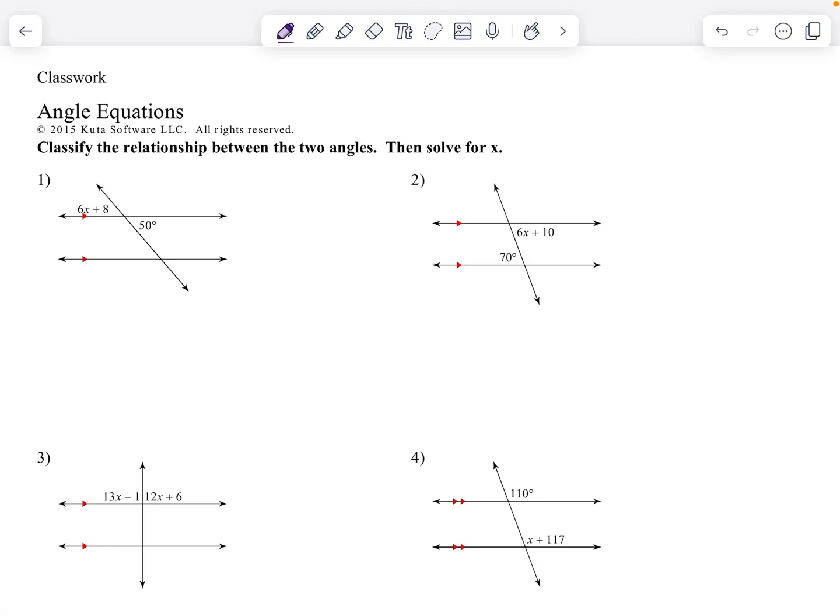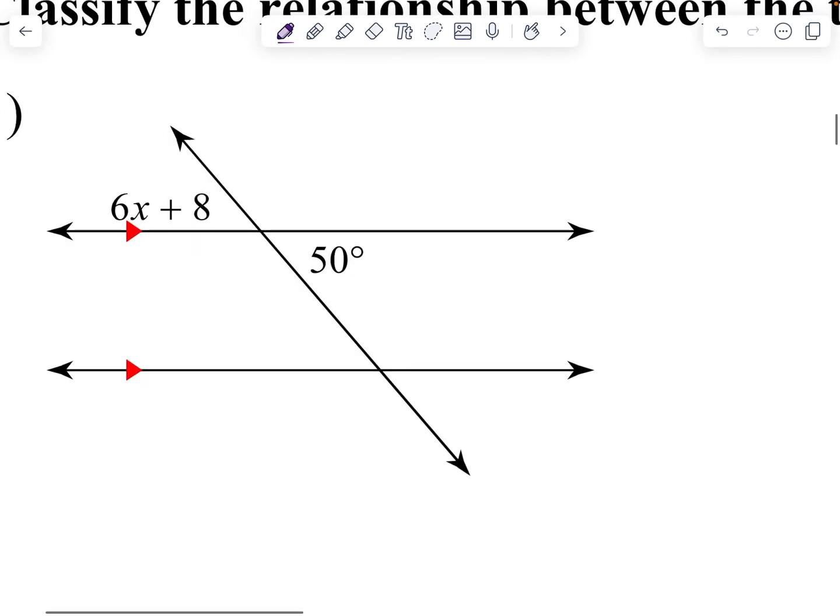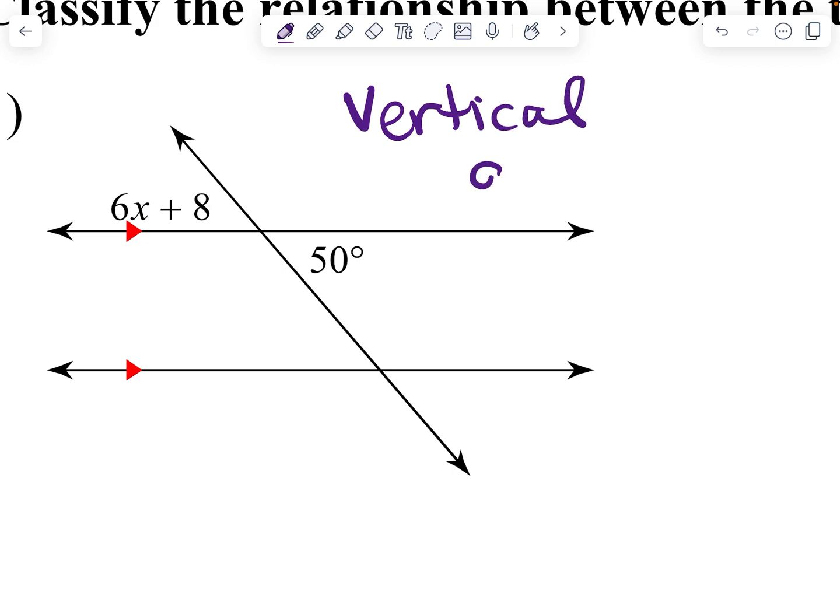Okay, so the first thing that we need is to classify the relationship between the two angles. If I'm looking at number 1, these are vertical angles. And what do we know about vertical angles? They're equal to each other.